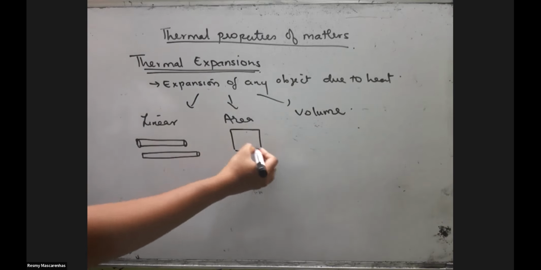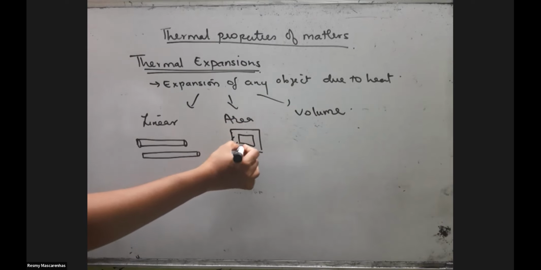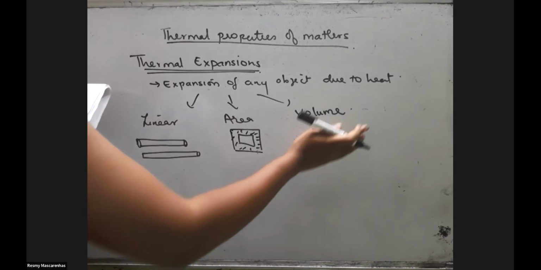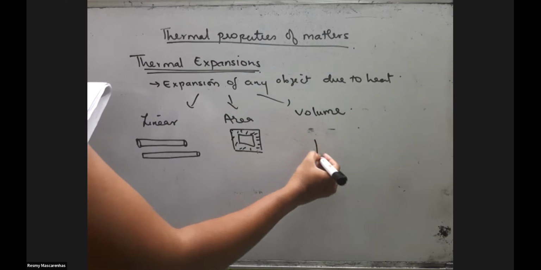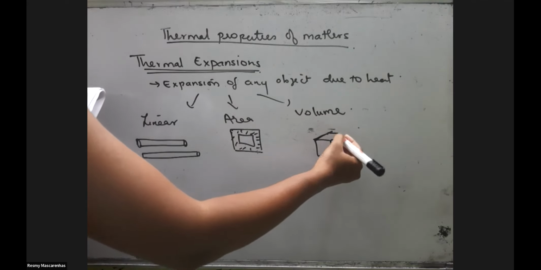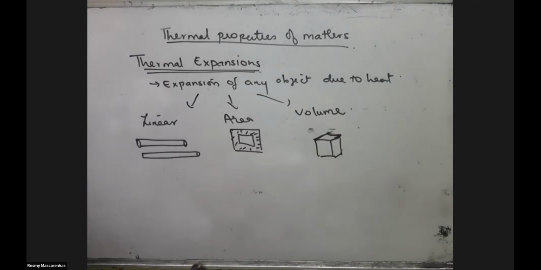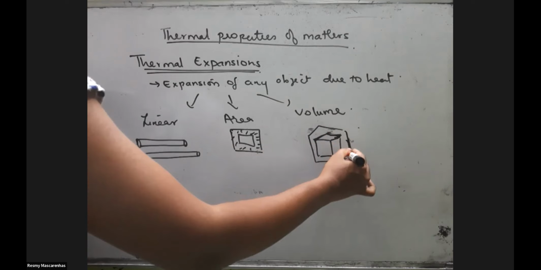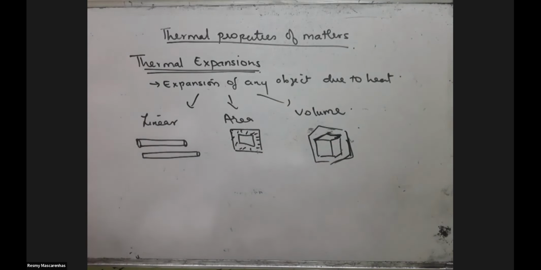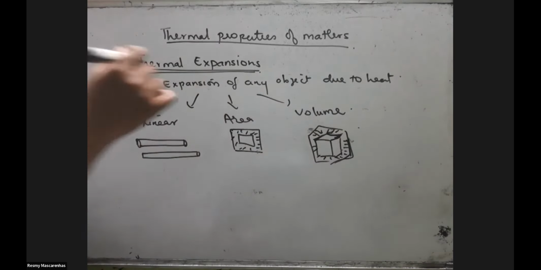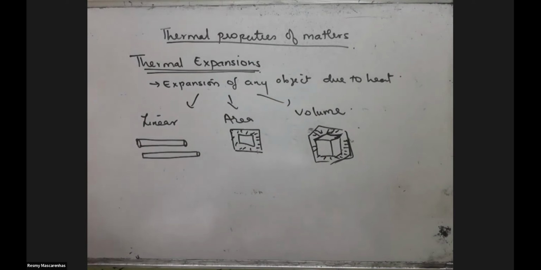In case of area, the area increases, expands, and in case of volume, the outer area and volume increase. So this is linear expansion, this is area expansion, this is volume expansion.